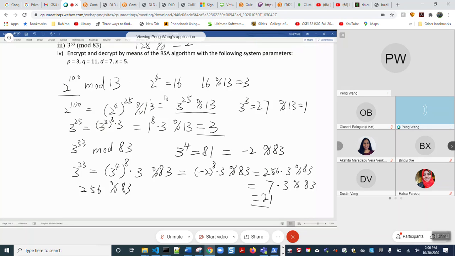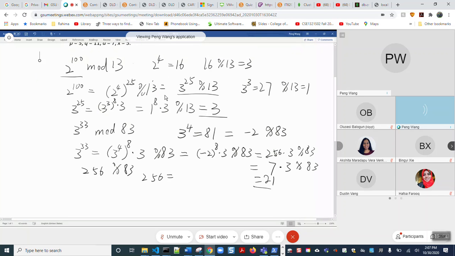You can directly calculate it. 256 equals 3 times 83, which is 249, plus x.